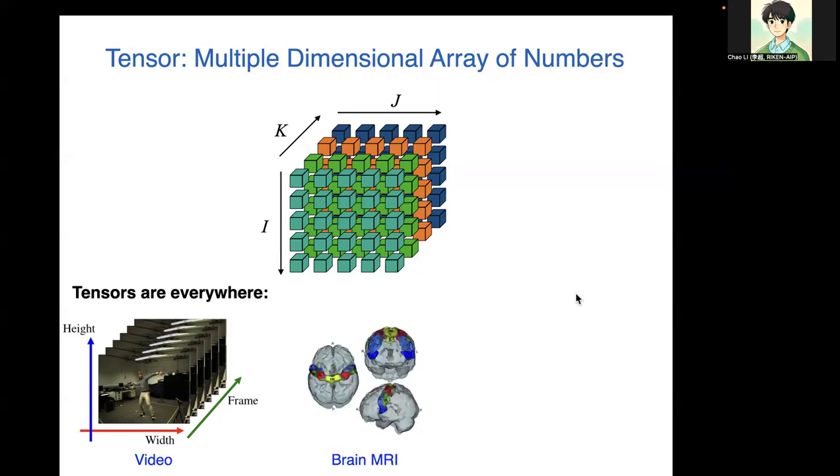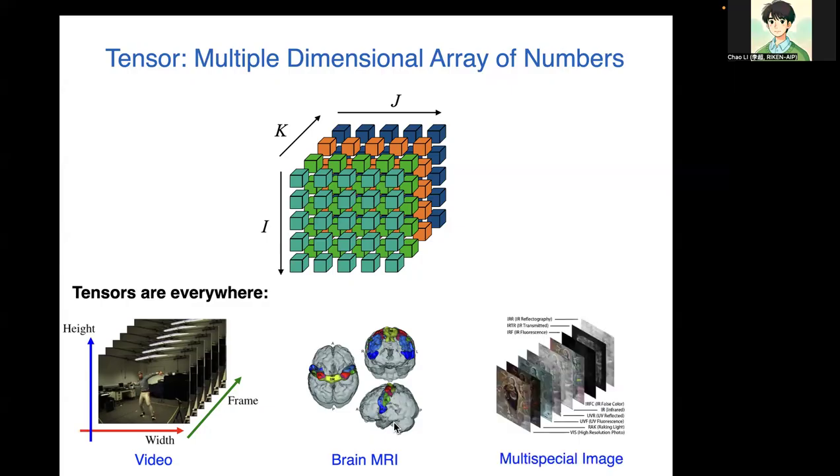In brain MRI, we often have three spatial dimensions, and sometimes even a time dimension if it's a functional MRI. For multispectral images, we capture not just the spatial information, but also multiple channels across different wavelengths. So that is another dimension to the data. All of these examples can be naturally viewed as tensors.